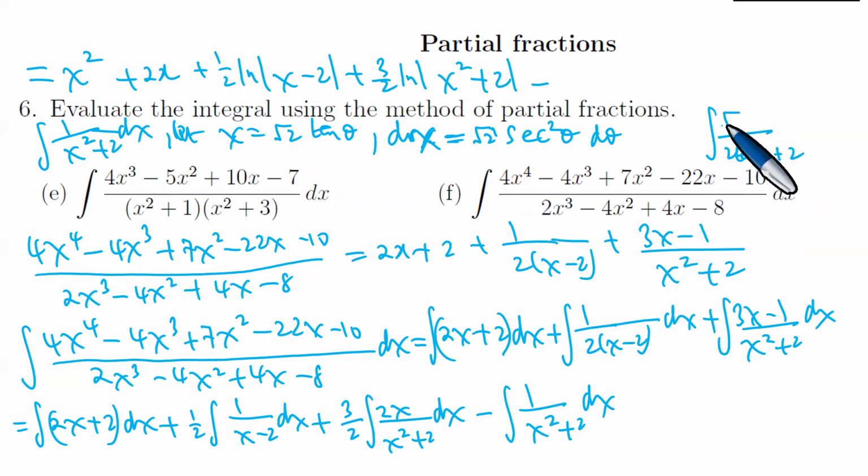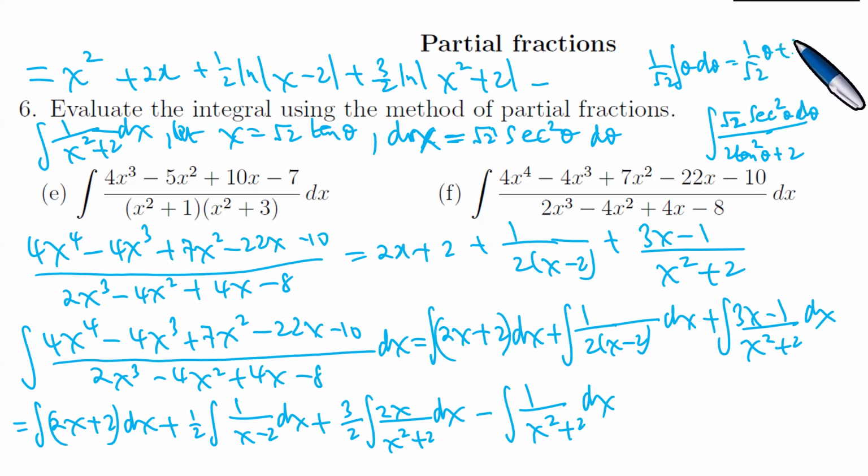And the derivative becomes the square root of 2 sec squared theta d theta. And then the 2 is pulled out, which is 1 over the square root of 2. The sec squared over sec squared becomes 1, theta d theta. And the integral of this becomes 1 over square root of 2 theta plus c.